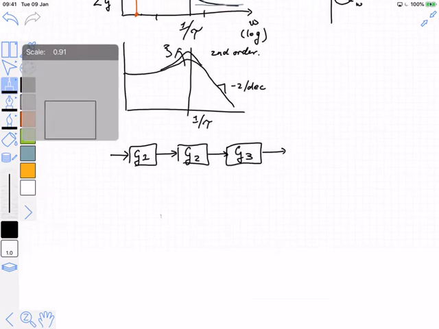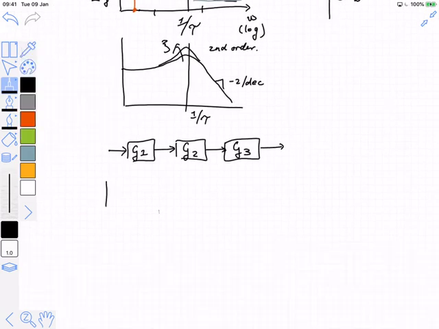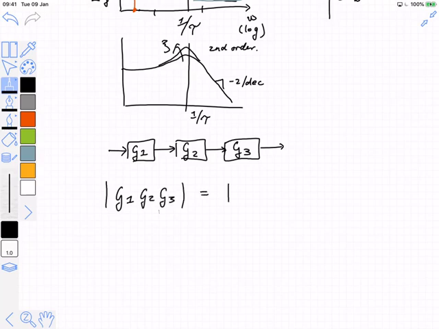And it's important there to understand that the gain of G1, G2, G3 is equal to the gain of G1 times the gain of G2 times the gain of G3. You'll hear me say gain and magnitude kind of interchangeably because those things are so strongly related, right?